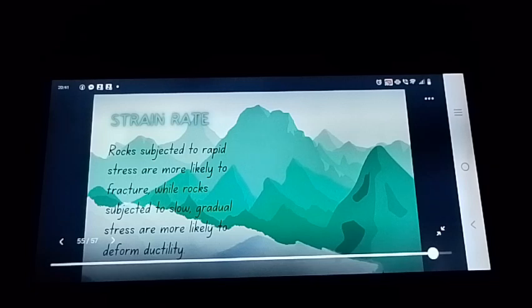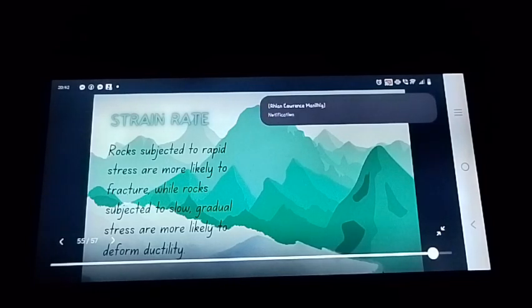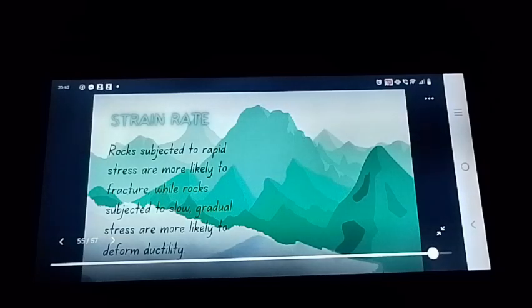Rapid strain rate: rocks subjected to rapid strain rates, like those caused by earthquakes or impacts, are more likely to fracture. And slow strain rate: rocks subjected to slow, gradual strain rates, like those caused by plate tectonics over millions of years, are more likely to deform ductilely. Here's how strain rate affects deformation: brittle-ductile transition, stress and strain.